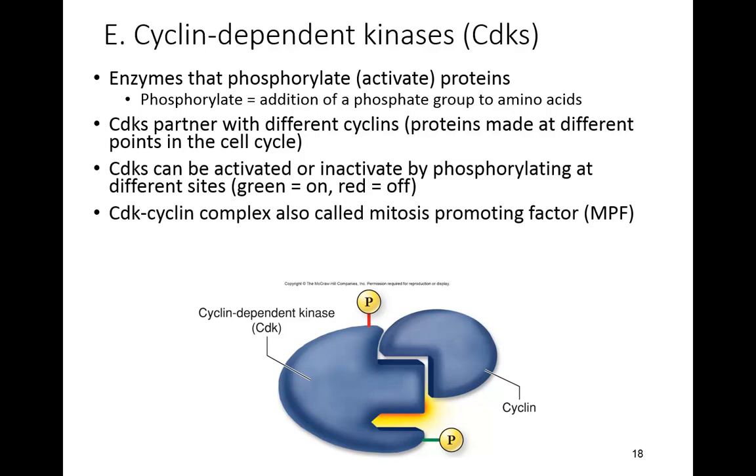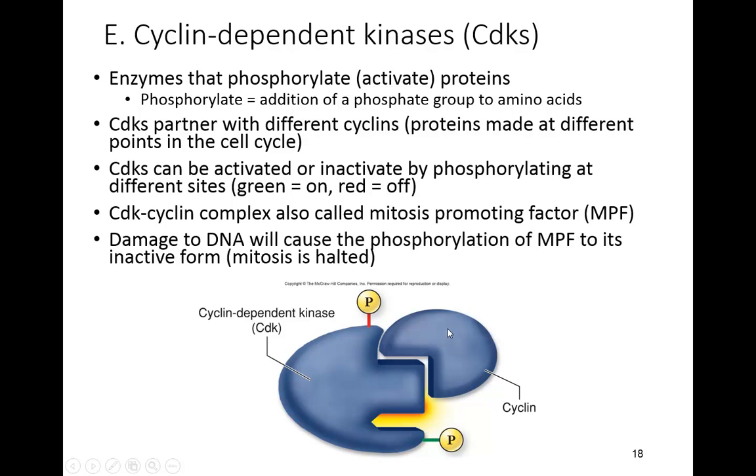Okay, so these complexes, when they bind together, are also called mitosis promoting factor, or the CDK-cyclin complex is also called that. Damage to the DNA will cause phosphorylation to its inactive form, and mitosis is halted. So if there's a problem in replication, if the DNA is damaged, then the cell doesn't want to continue. You don't want to replicate damaged DNA because that can cause cancer or other problems.